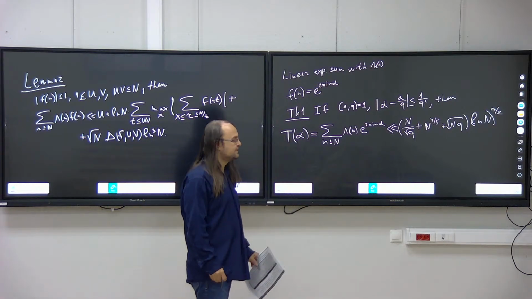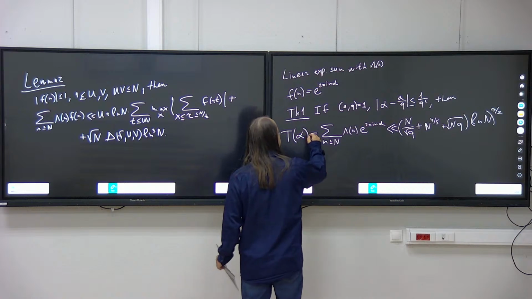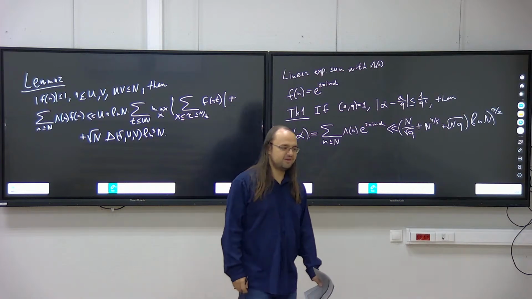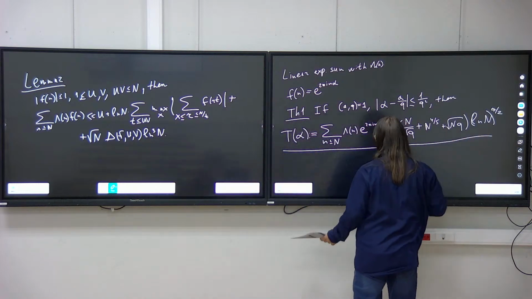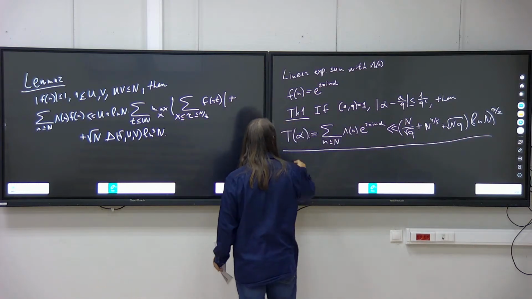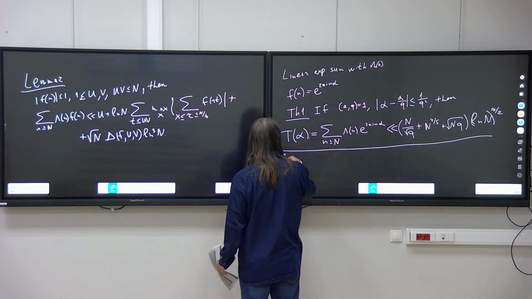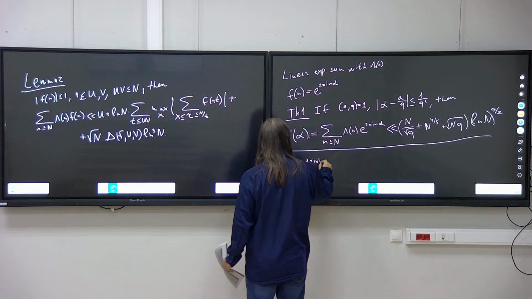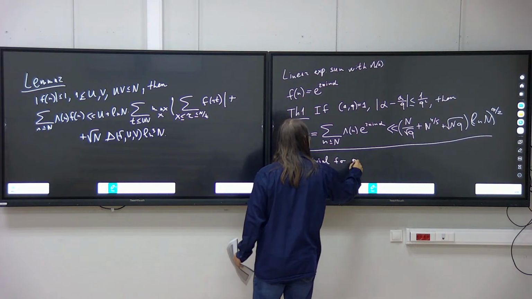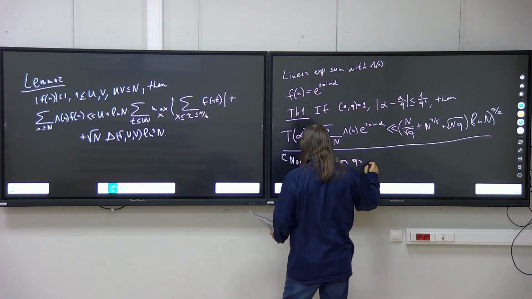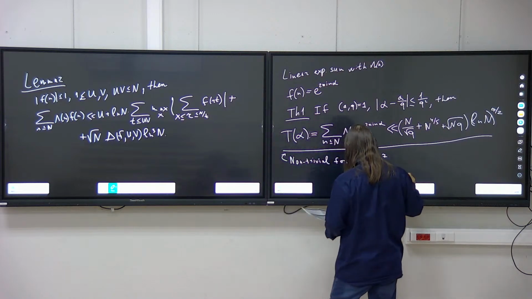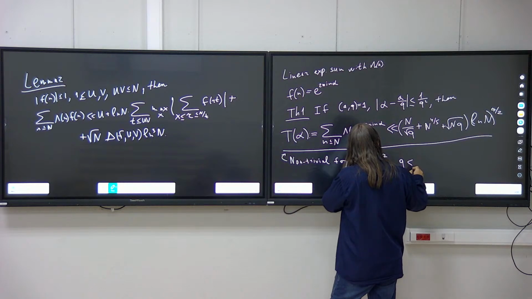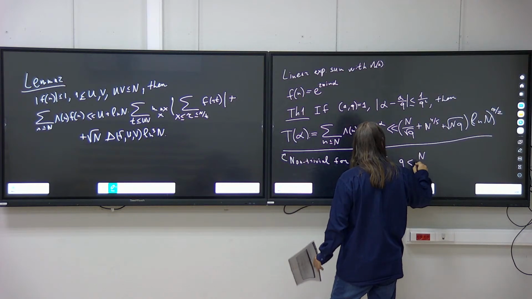This T of alpha is just an exponential sum with the von Mangoldt function. Okay, so this is non-trivial for q greater than logarithm N to the power 7 and q less than N over logarithm N to the power 7.